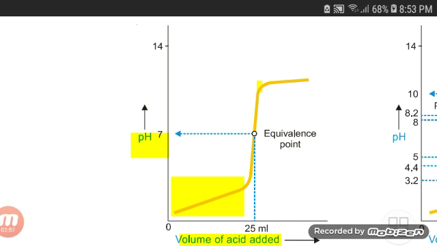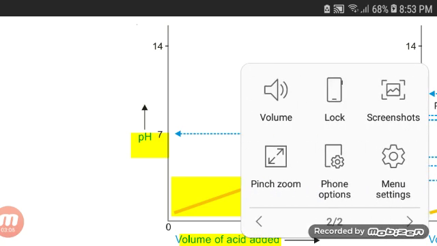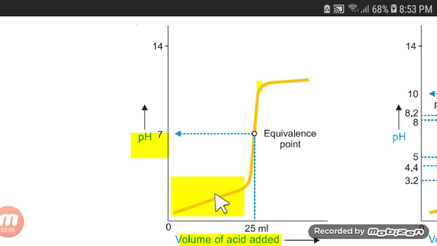Now have a look at this graph. This graph is showing a curve. Here it starts, and the horizontal axis shows the volume of the acid added, and the vertical axis shows the pH. At the start, when base is added from the burette into the acid, the change in pH of the acid is slow, and it slowly increases.